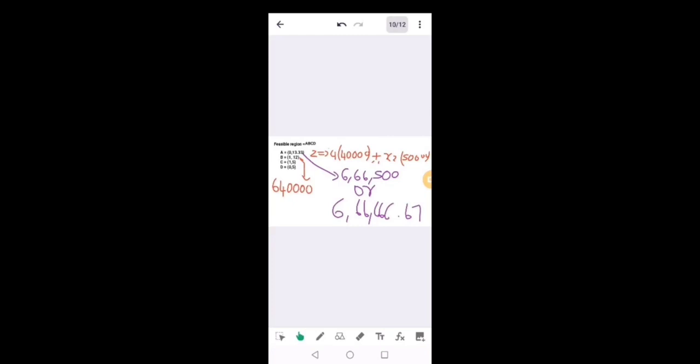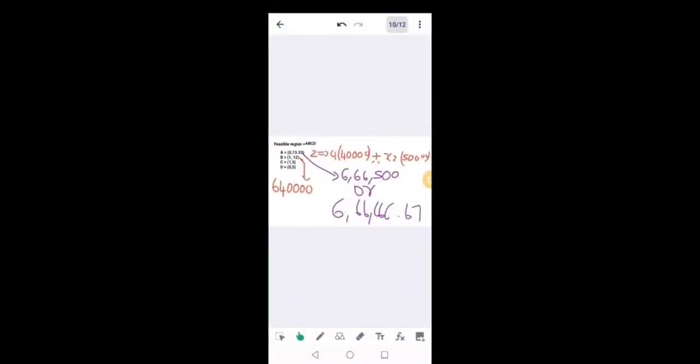It is nothing but 40 by 3. 13.33 is nothing but 40 divided by 3. You can take it as 40 by 3, or 13.333, or write it as 13.33. It's up to you. When you multiply this with 50,000, you'll get 6,66,666.67. That's how you get this answer.